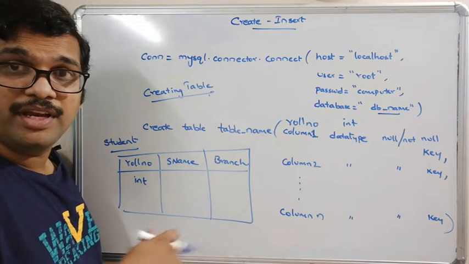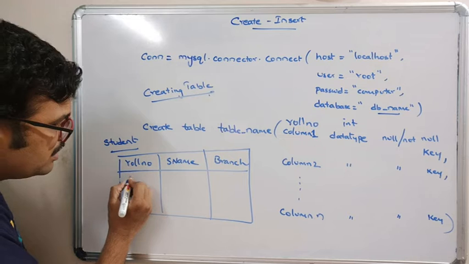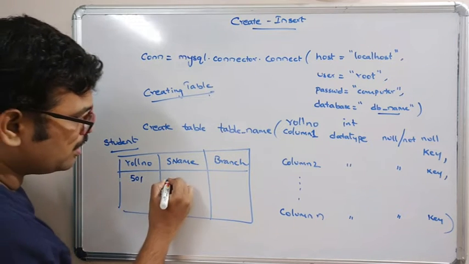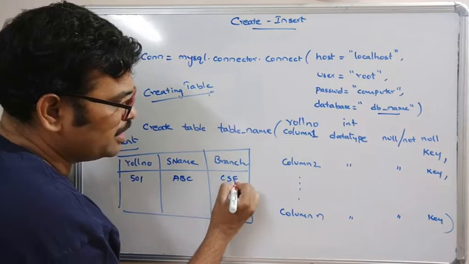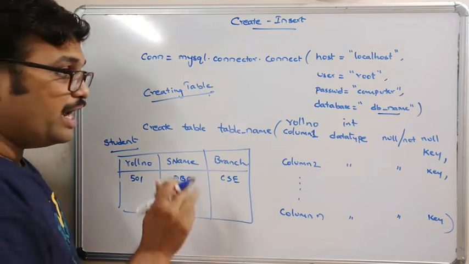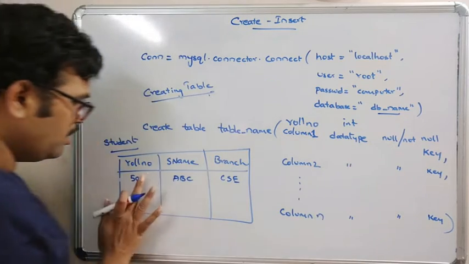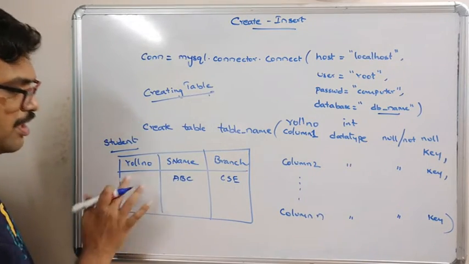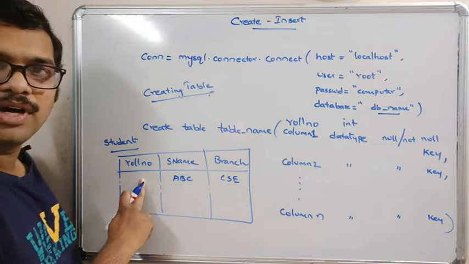After that, we need to insert the elements, right? For example, I am going to insert roll number 501, name as ABC, and branch as CSC. So I need to give these details. If you are giving null here, it will accept the complete record without the roll number.